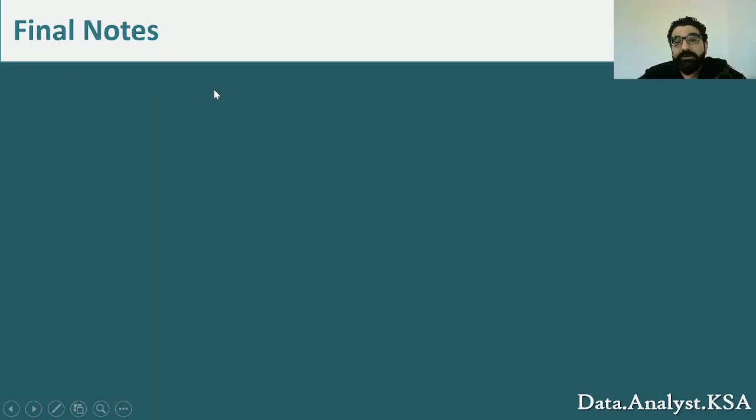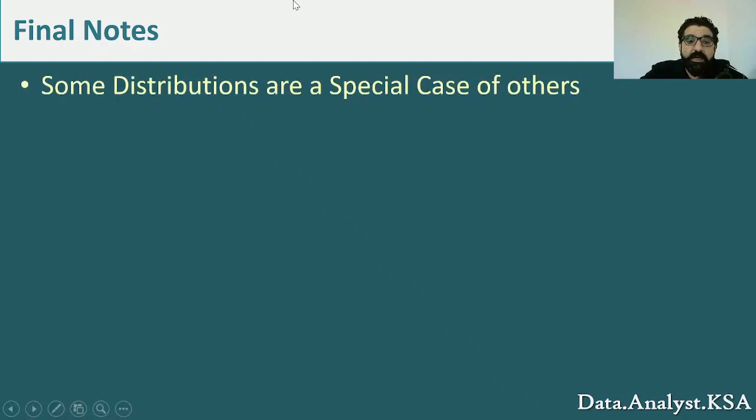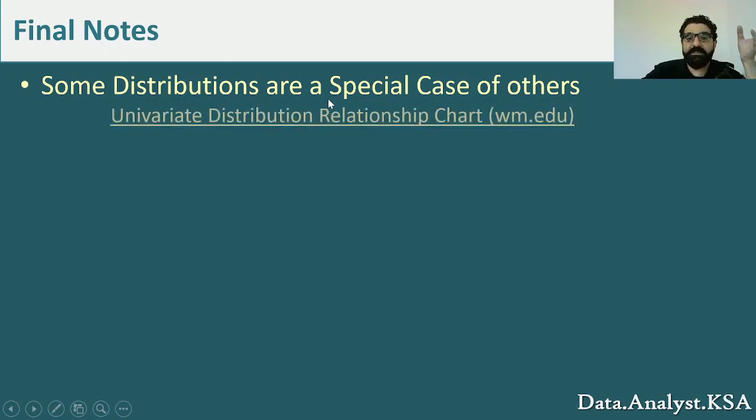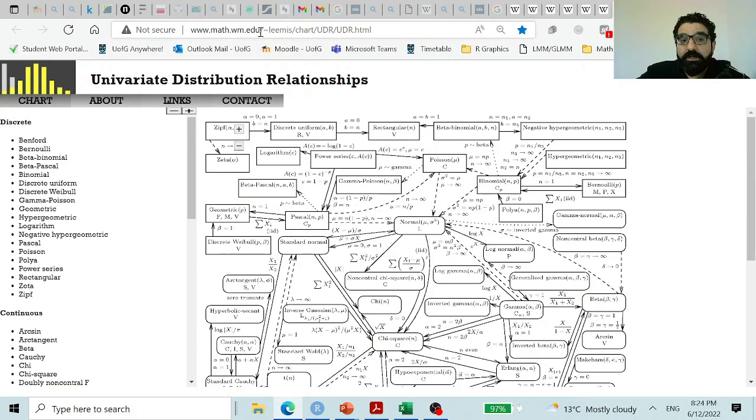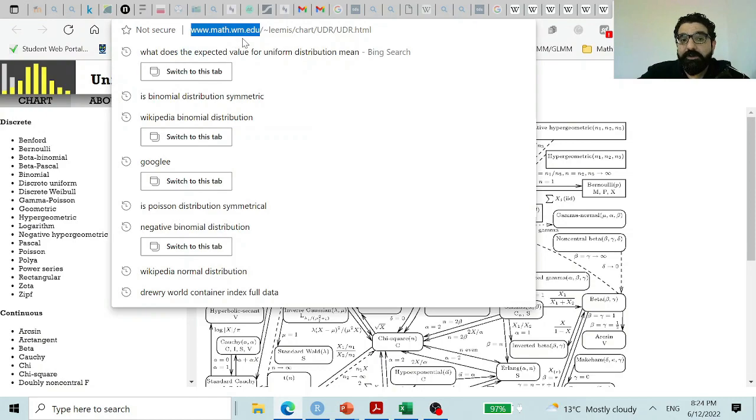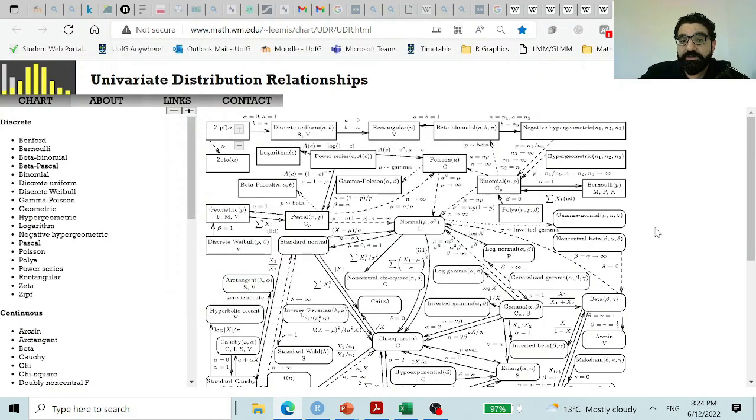Now we talked about these 6 distributions that commonly appear, but there are many more distributions. Some distributions, as we showed, are special cases of the others. In fact, many of them are special cases of the others. I'm not going to go over all of them, but there is a very nice graph made by wm.edu. You can check this website, math.wm.edu. I will add the link in the description.